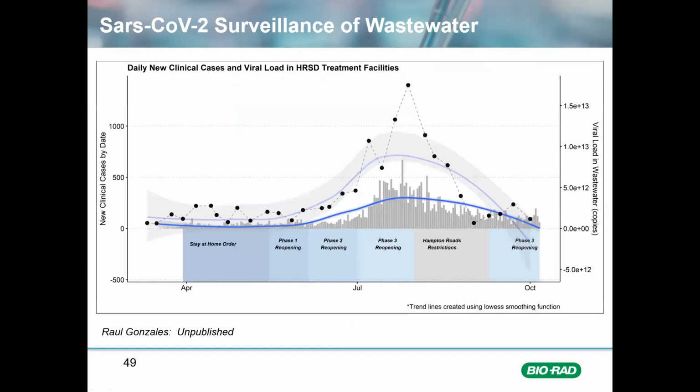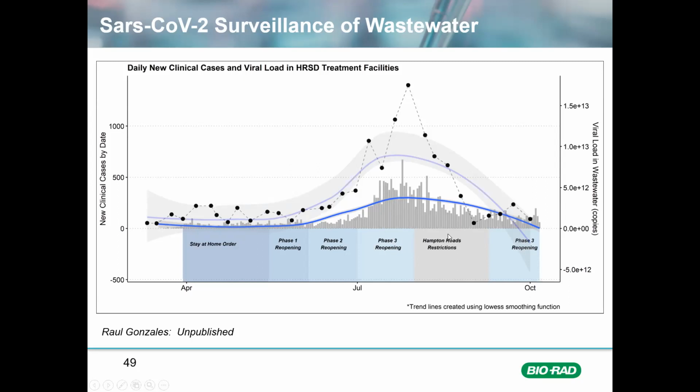Now, they've since updated this plot to go all the way out to October, as well as overlaying case counts, or clinical case counts, for the people in that sewer shed. What you can see is that as the case counts increase, there's a nice correlation with the rise of the virus. Continuing on from what I showed you on the previous slide, at the end of July, because of this increase in case counts, they actually had further Hampton Roads restrictions.